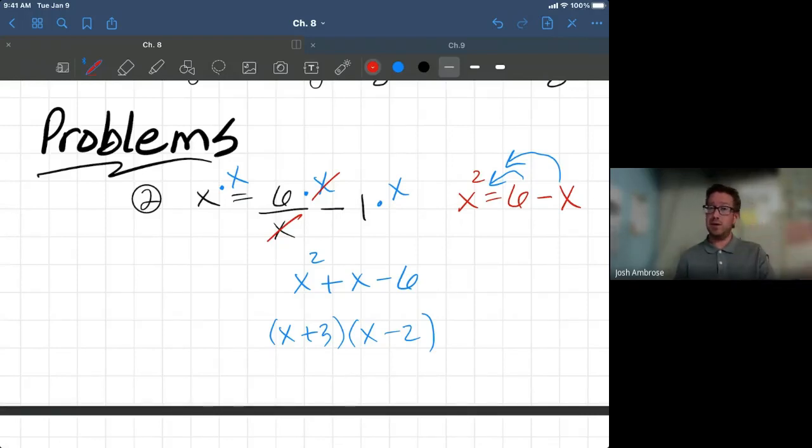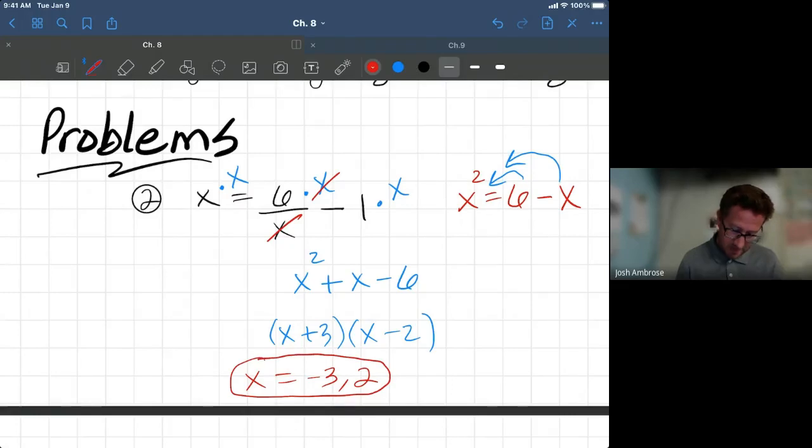We have the binomials, but now we need to solve them to get the final answer. So x is going to equal a negative 3 and a positive 2. Now, how do I get that? What I'm doing is I'm taking each of these binomials and separately I'm setting them equal to 0.